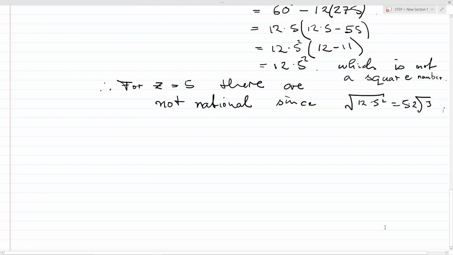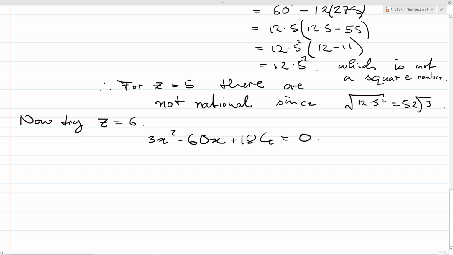So now we're going to try our next value of z. Now try z equal to 6. Then we will get this equation here. When we do that, we get 3x squared subtract 60x add 184, and we set that equal to 0.